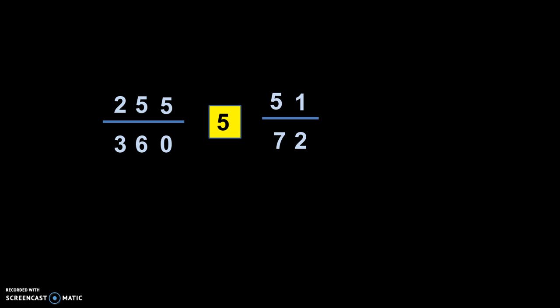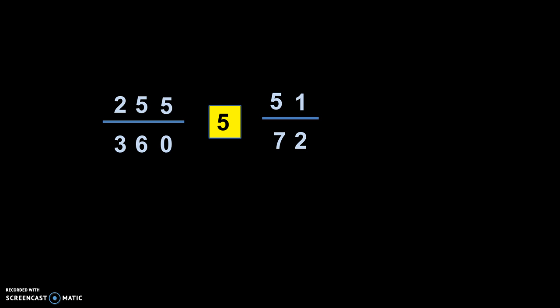Literally dividing both numbers by 5 gives us 51 over 72. Now looking at what we have, 10's no longer going to work, 5 won't work, 2 won't work, so that rules out 3 of our friendly factors, but 3 will. Let's see how we know that.